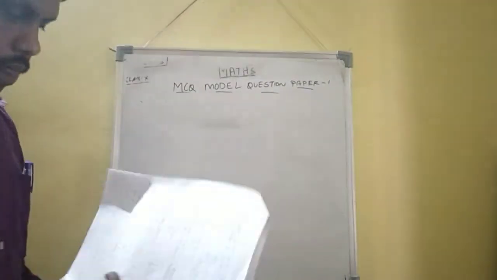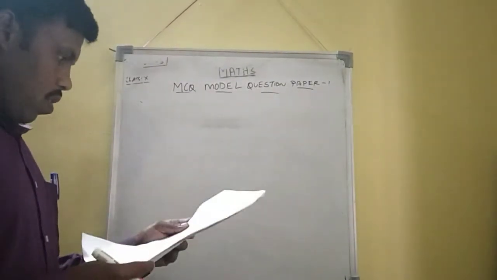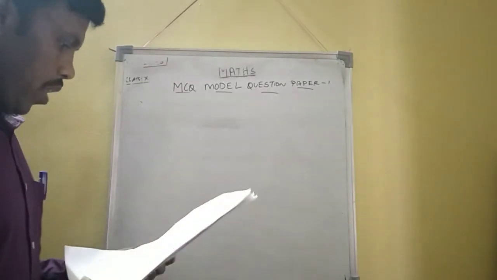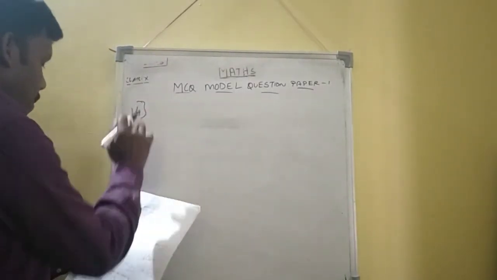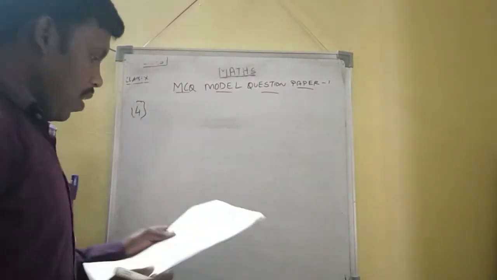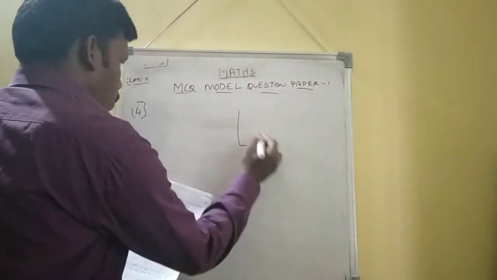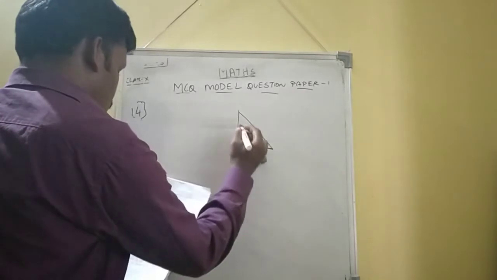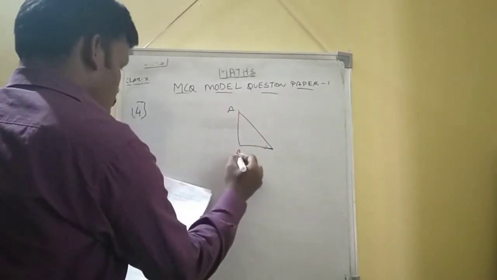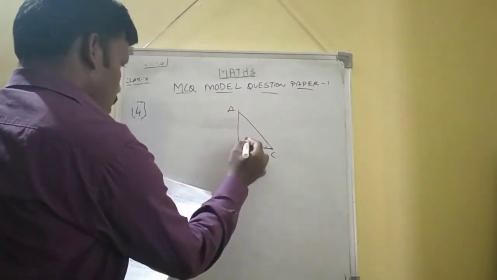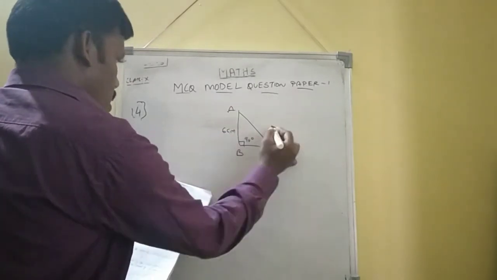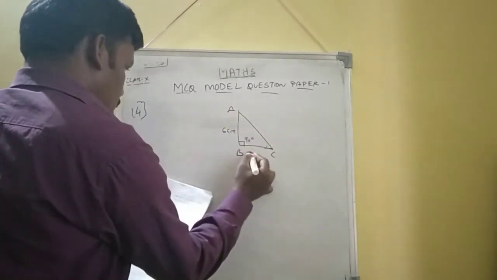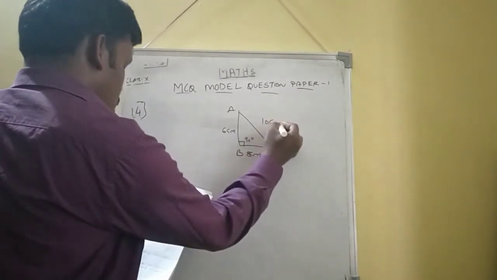Go to the 14th one. In the given figure, we have a right angle triangle ABC. B is 90 degrees. AB is given as 6 centimeter, BC is 8 centimeter and AC is 10 centimeter.